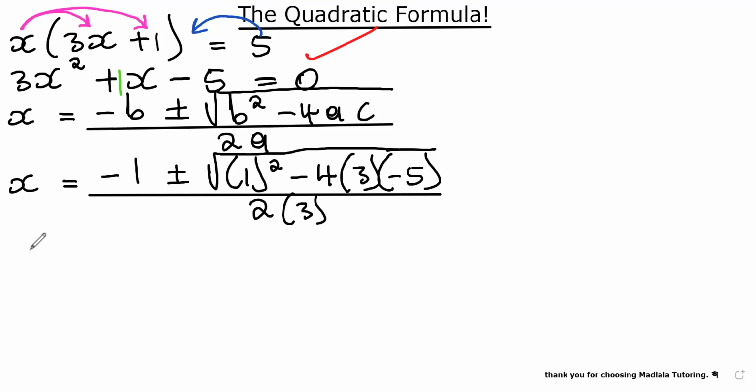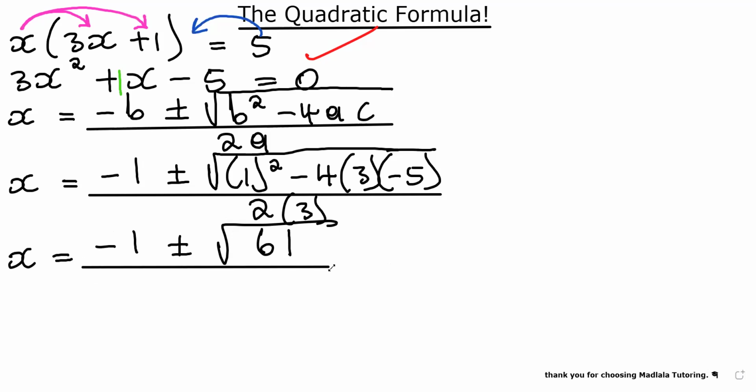Then it's time for us to simplify this equation. So I'm simply going to go to my calculator and say 1 squared minus 4 into 3 into negative 5. Well, I simply get a solid 61. And dividing everything by 6, now I can go ahead and separate my solutions.